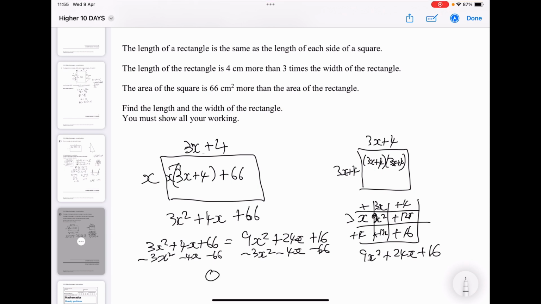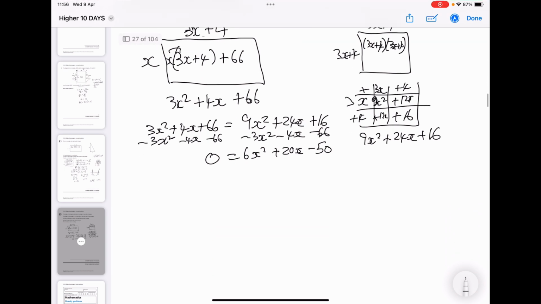So I've got 0 equals 6x squared, take plus 20x, minus 50. Two numbers multiply together to make minus 300.